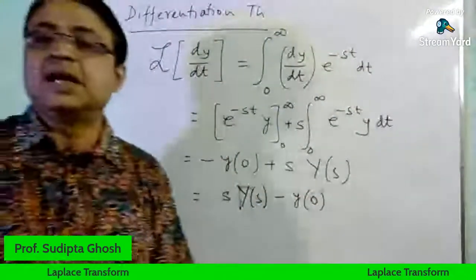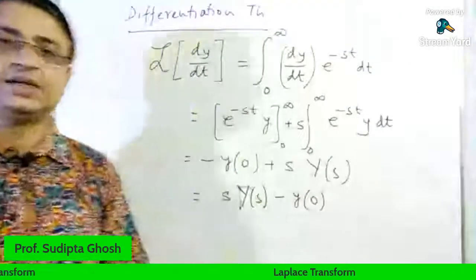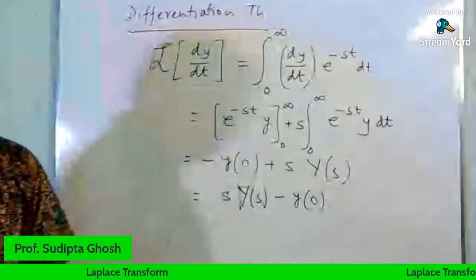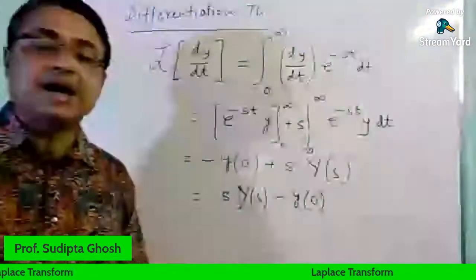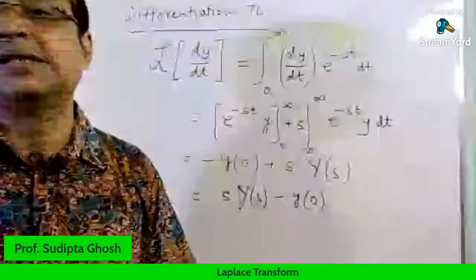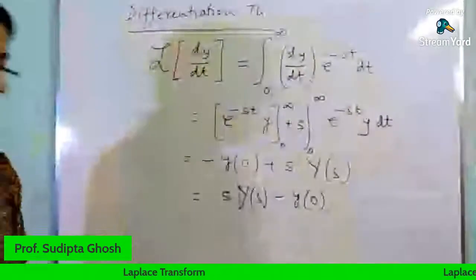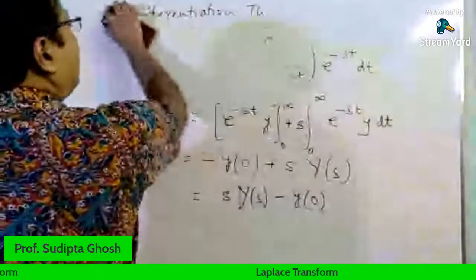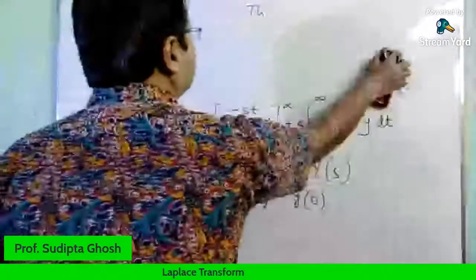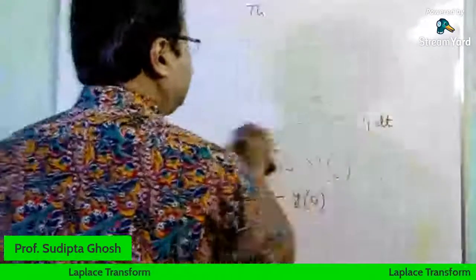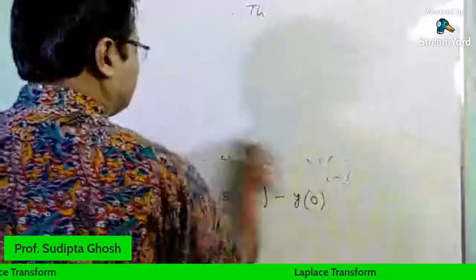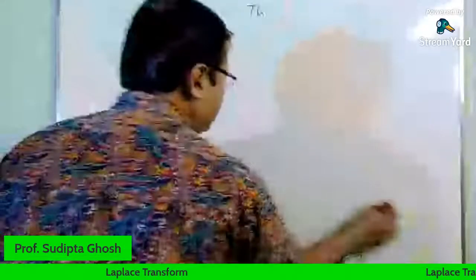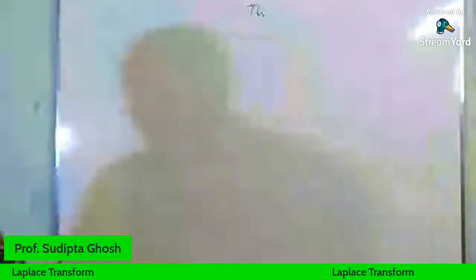Okay, so this is the differentiation theorem of Laplace transformation. Now let's move on to another theorem, and that is the integral theorem. So what is the integral theorem? The differentiation theorem I have already proved to you.